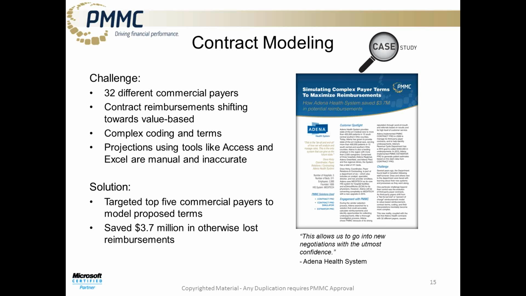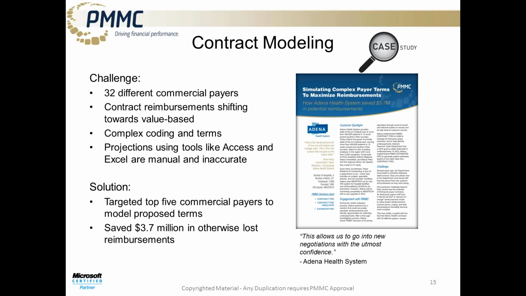A few years ago, they were going through some staff turnover and some process changes. In addition to that, they were working with 32 different commercial payers, so they just had a lot of data to sort through. At the time, they were using tools like Access and Excel, but they had too much data to deal with, and projecting outcomes with that amount of commercial payer contracts was just really unrealistic.